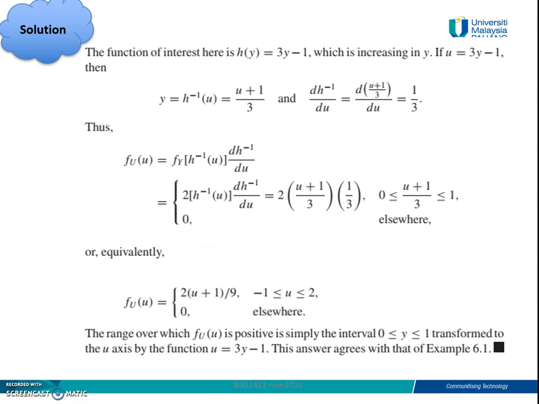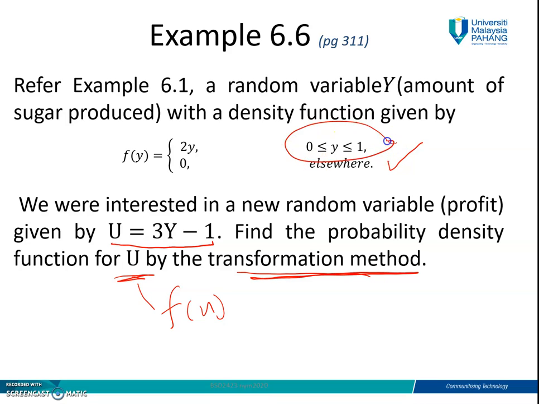If you look at the solution here, we have the function of interest, h(y), because from the question we have u equal to 3y minus 1, isn't it? In the previous explanation for transformation, u is equal to h(y), which is increasing in y. You can see that when y equals 0, u is negative 1, and it is increasing as y goes from 0 until 1.